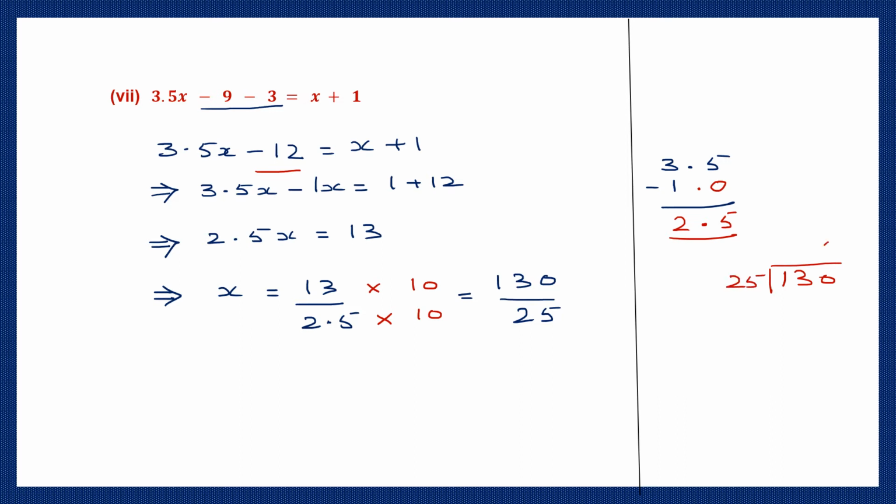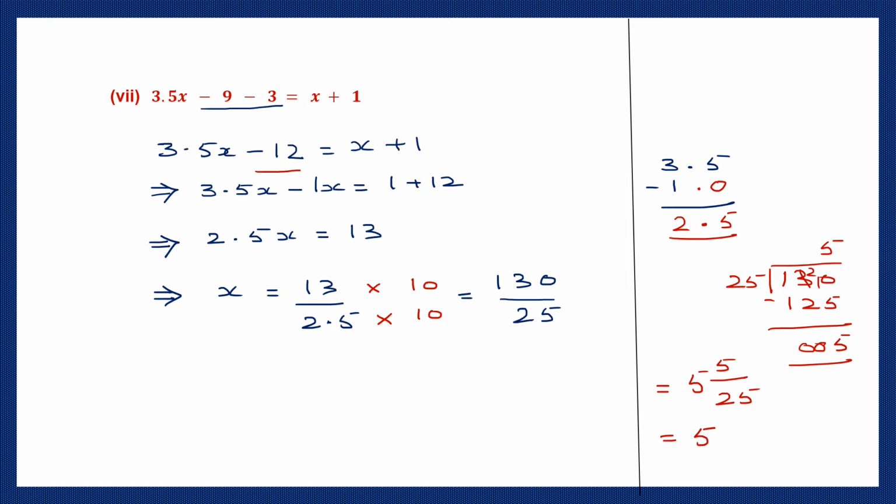25 fives are 125. So let's subtract now. 130 minus 125 leaves 5. So what do we have here? We have 5, 5 by 25. I can write the whole number as it is.